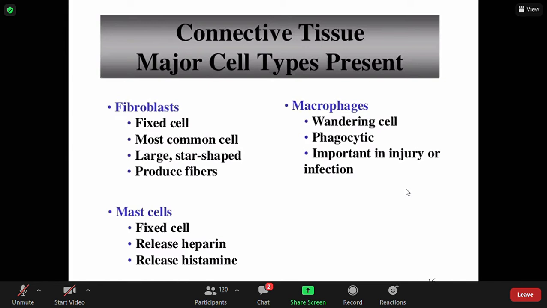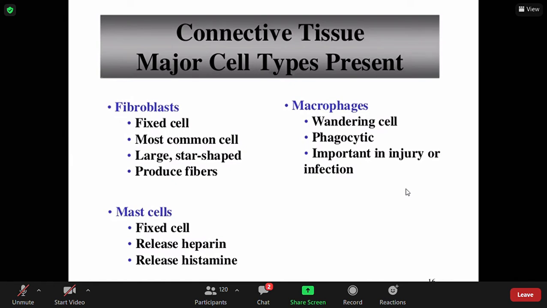Mast cells are fixed cells; they release heparin and histamine. As you know, heparin and histamine are part of the anaphylactic reaction that occurs in the body if we have, say, an allergy or a shock. There you see the mast cells.